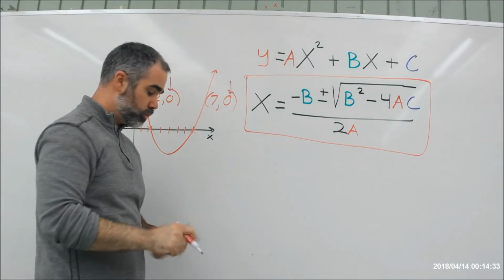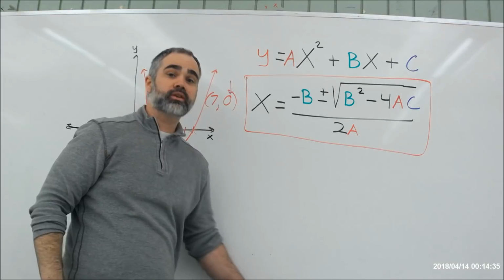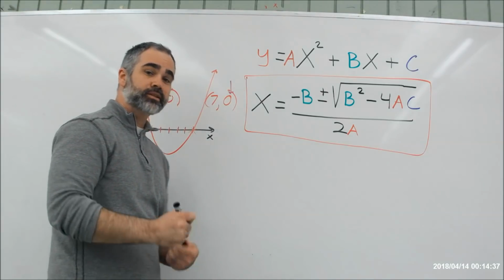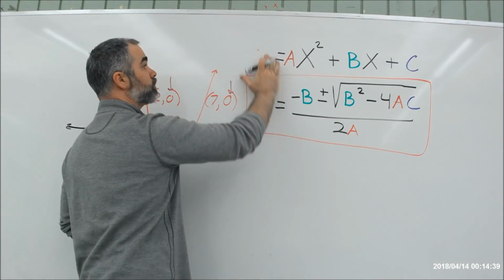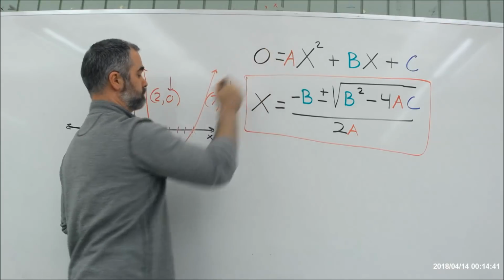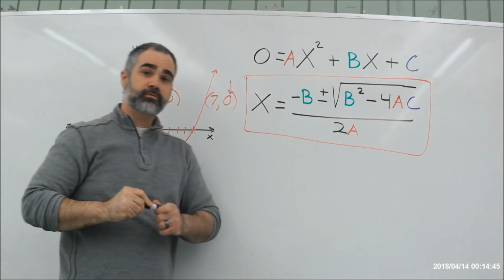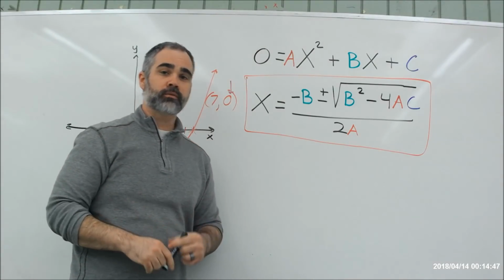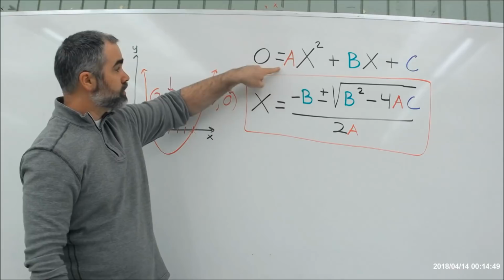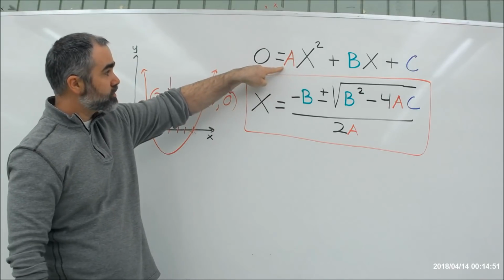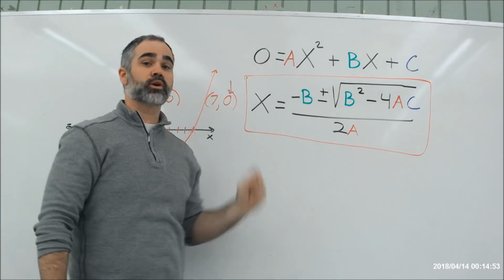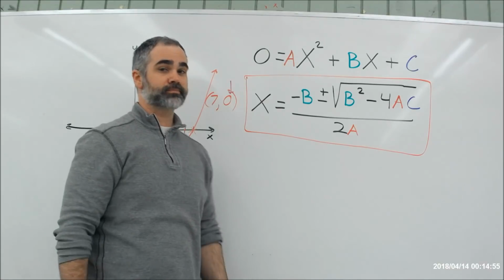You're going to set the y equal to 0, because we know that the x-intercepts happen whenever y equals 0 on the graph. And due to some fun math that I'm not going to show in this video for the sake of time, what you can do with this is you can complete the square on a generic standard form equation and then solve for x.